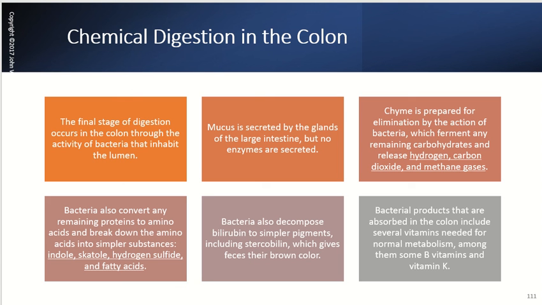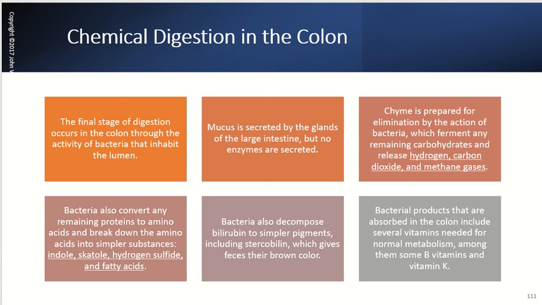The bacteria are also going to convert any remaining proteins into amino acids, and they're also going to break down the amino acids into simpler substances like indoles, skatoles, hydrogen sulfide, as well as fatty acids. Bacteria are also going to decompose the bilirubin into smaller pigments called stercobilin, and this is going to give feces its characteristic brown color.